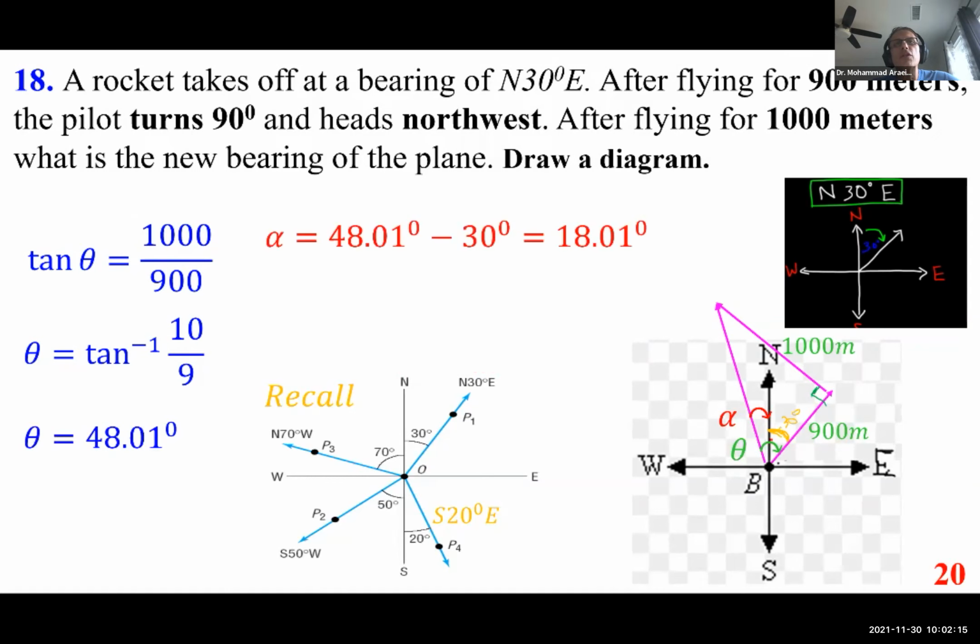And we already know it's northwest. Put this angle between N and W, and there you have it. This is your final answer. That's how we find it. I hope everybody's comfortable with that.